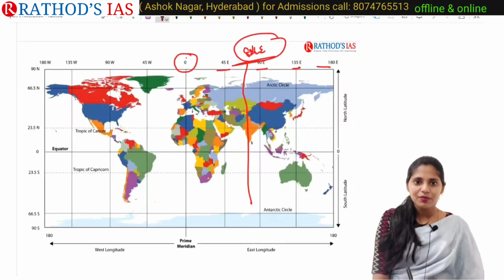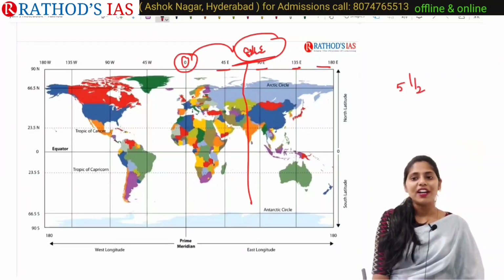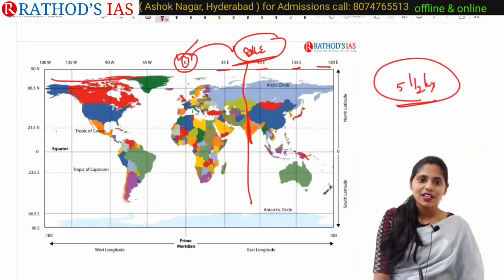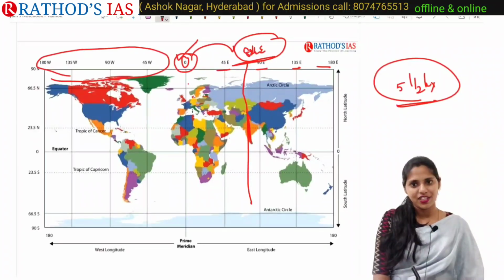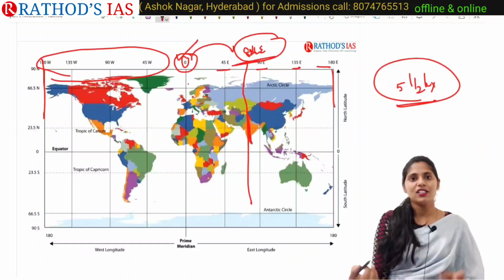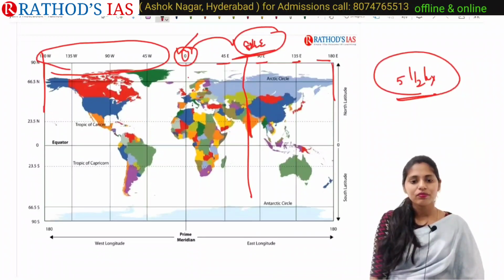If you calculate from 0 degrees to 82.5 degrees, it will be 5.5 hours. So compared with the 0 degree longitude, we are ahead by 5.5 hours. Here 180 degrees west and 180 degrees east is actually the same longitude.